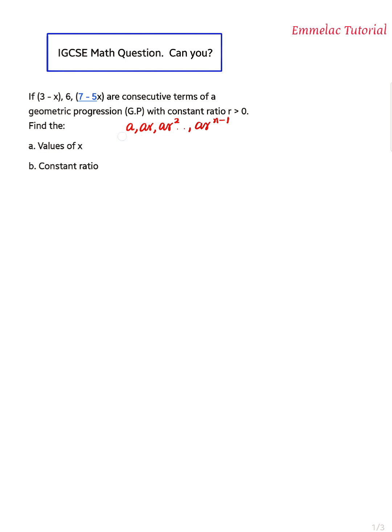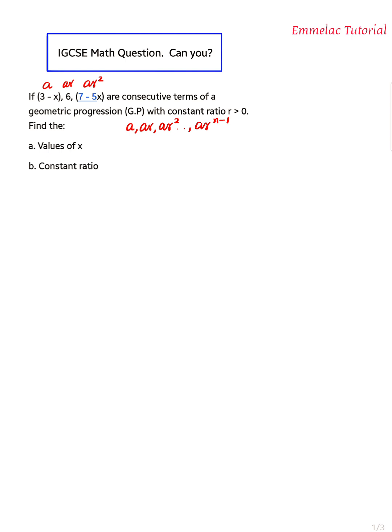So let us reconcile this with the question here. This is a, this is ar, which is the second term, and this is ar raised to 2, which is the third term.